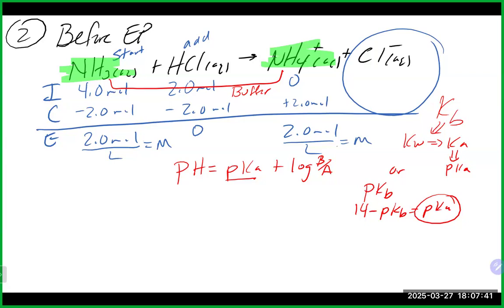You also want to make sure you get the base, which in this case is the ammonia, over the acid, which would be the ammonium. You could use that one that we saw earlier. You could also use the one that we talked about, which is the pKb plus the log. You got to be careful because that is acid over base if you use that one.